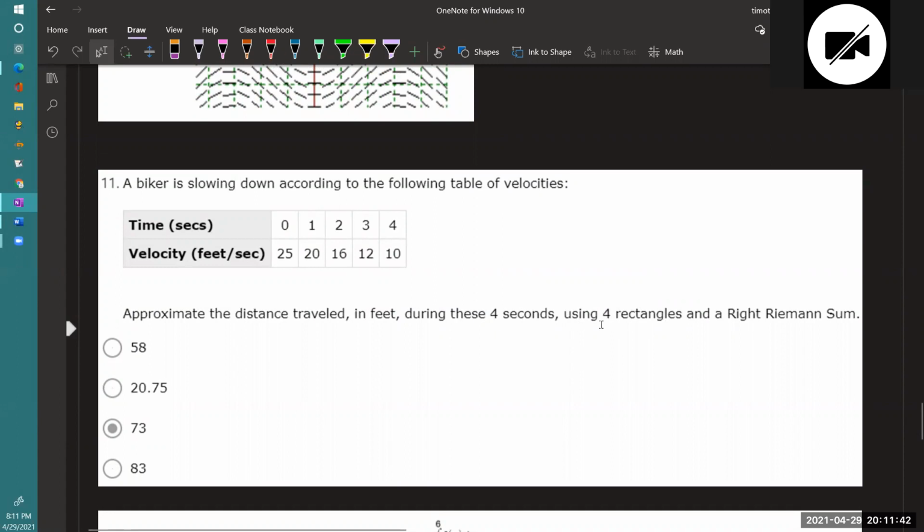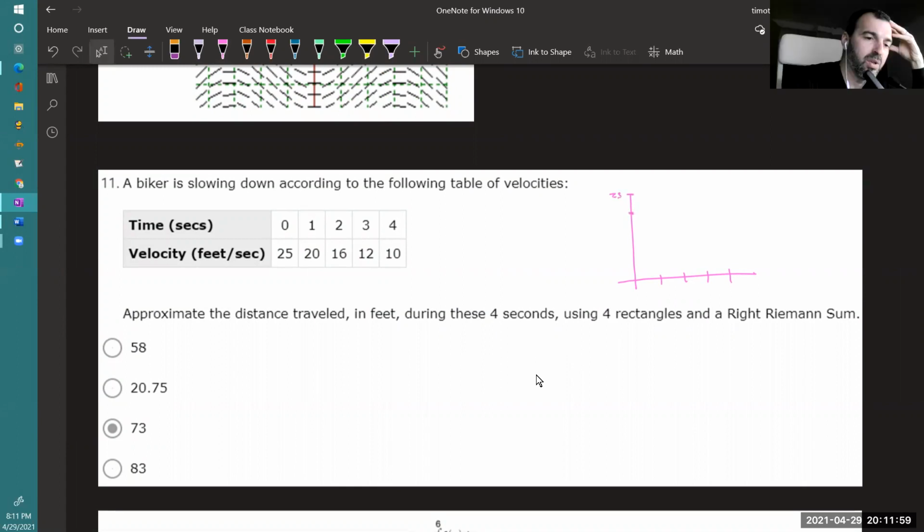All right, so here we're doing a right Riemann sum. Basically, this is one of the last things that we're going to do with this unit. So when time is 0, my velocity is like 25. I'll write 25 up here. Then 20, 15, 10, and 5.